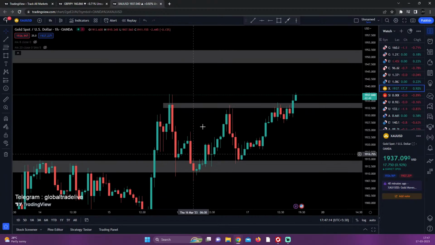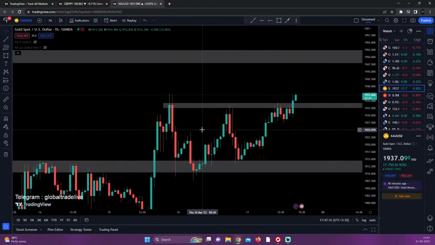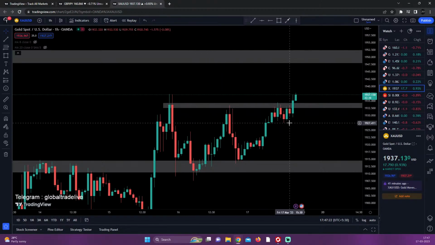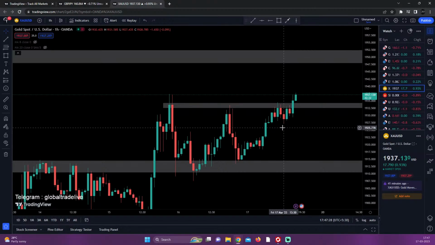So when the market is moving up and down, it is moving in a sideways direction, right? Whenever the market is moving sideways, we don't really have to take a trade, because you might end up losing, as you might see a lot of confusion in the form of wicks in the market, right?